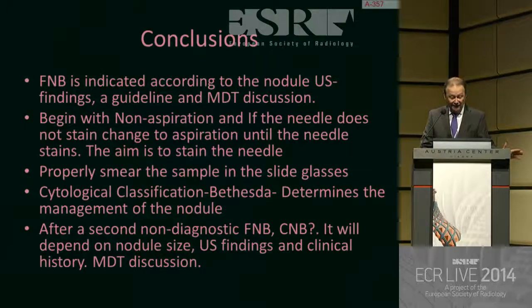Bethesda cytological classification determines the management of the nodule. After a second non-diagnostic FNB, core needle biopsy would depend on the nodule size, US findings, and clinical history, and always multidisciplinary team discussion. Okay, that's all.